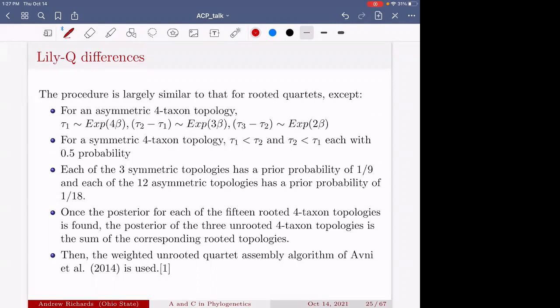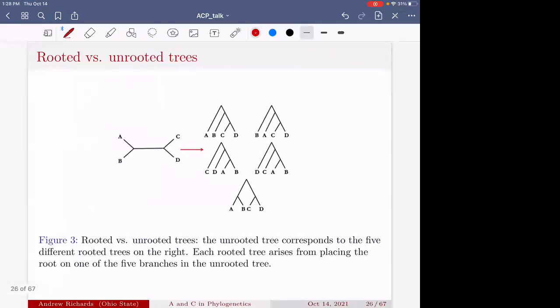And the last bit is that it turned out that the 15, so we get posteriors for each of the 15 rooted 4 taxon topologies, but finding the rooted 4 taxon topology turned out to be inconsistent. And so we sum the rooted 4 taxon topologies that correspond to a particular 4 taxon unrooted topology, like you see here.